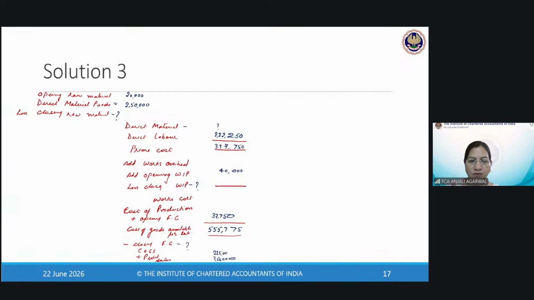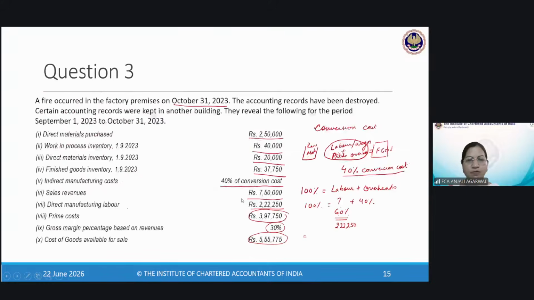So we figure out what the profit is. And when you subtract the profit element from sales, 7,50,000 minus 2,25,000, cost of goods sold is 5,25,000, right? So if you look at this entire thing, see what information we have used here.